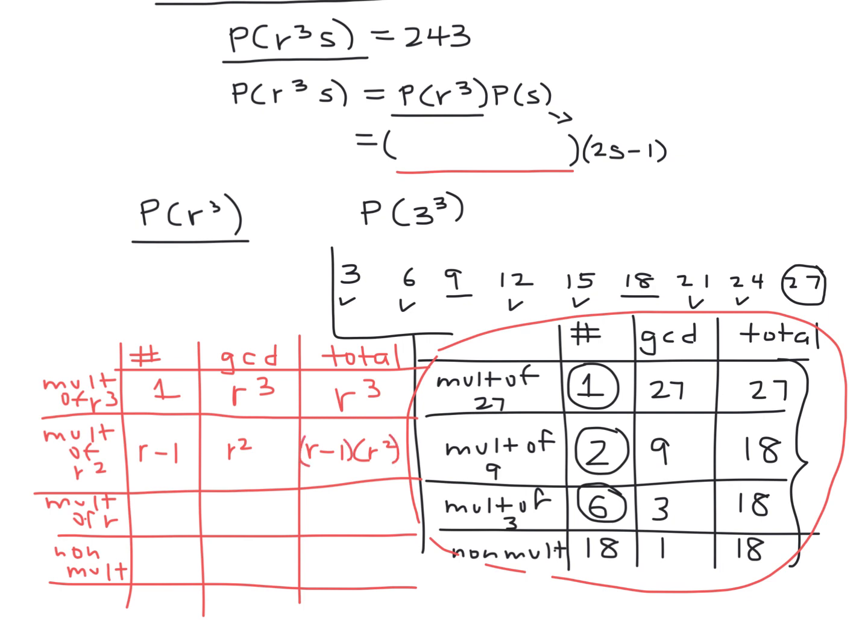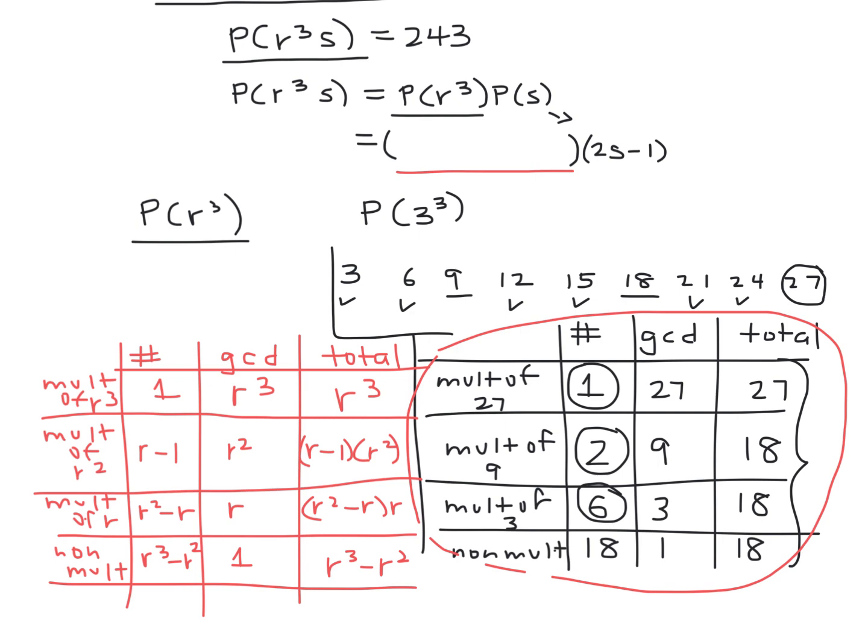Multiples of R, there's R squared minus R of those, and each GCD is R, so this will be R squared minus R times R. Non-multiples are R to the power of 3 minus R squared. Each of those GCDs is 1, so this will just be R cubed minus R squared.